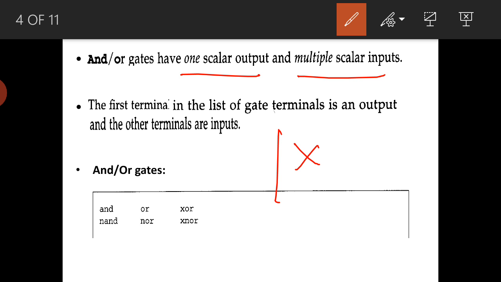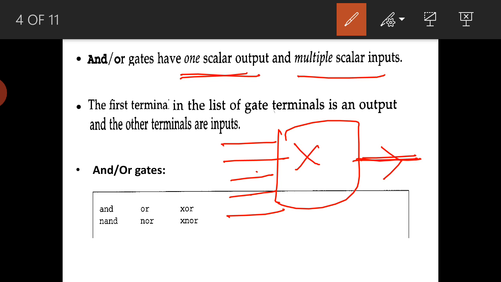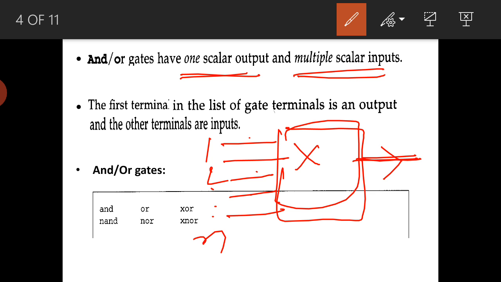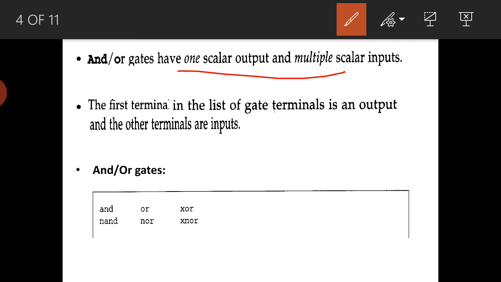Scalar means it is not a vector, so it is a single one-bit output and many one-bit inputs, like 1, 2, up to n inputs, each of a single bit. So any gate will have multiple scalar inputs and one scalar output.